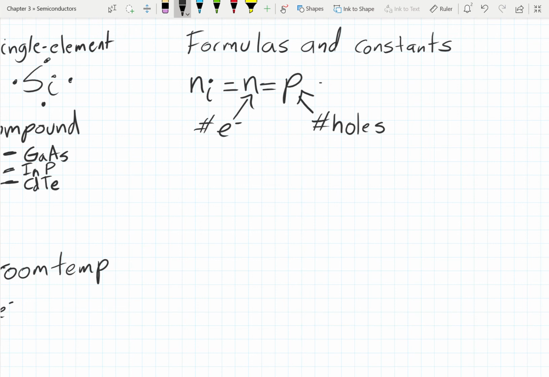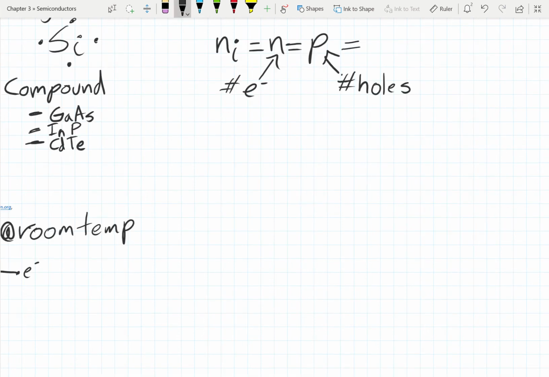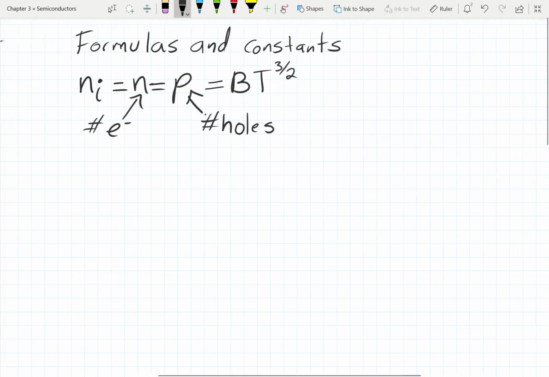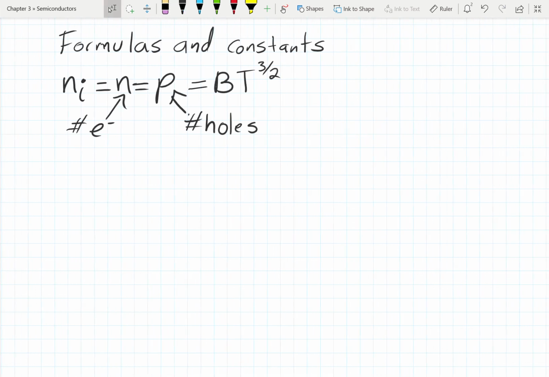This is found with some constants. You have this constant that depends on the element, so it's material dependent.